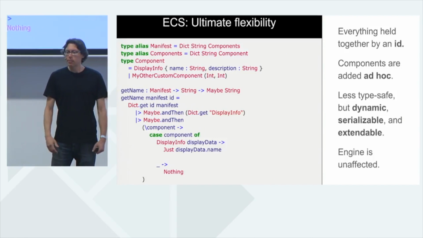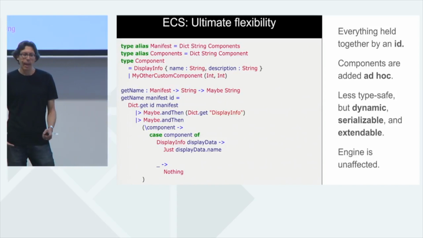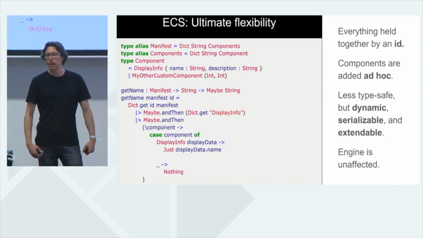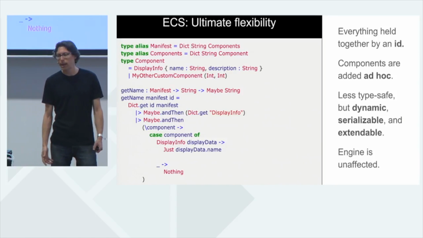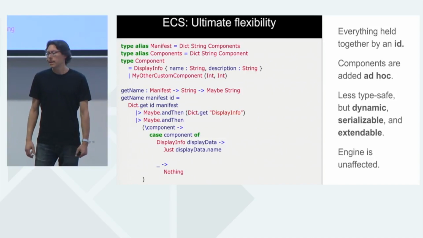But this allows you to add components as you need them, and they don't interact with each other, and the engine doesn't need to know about them at all. It doesn't get affected. Any component that you can come up with, you can create. Define the data that it needs, build a system that knows how to do something with that, and you just add it in there. And everything is tied together by an ID.